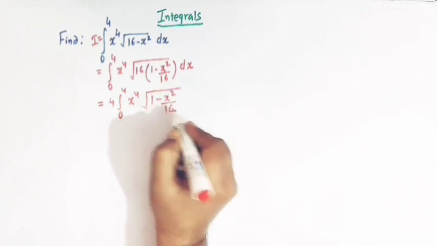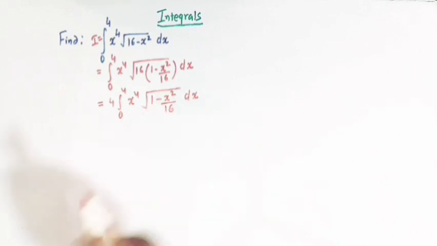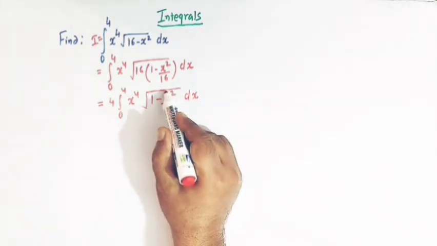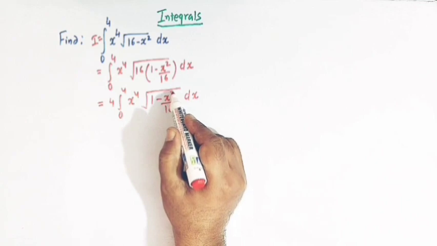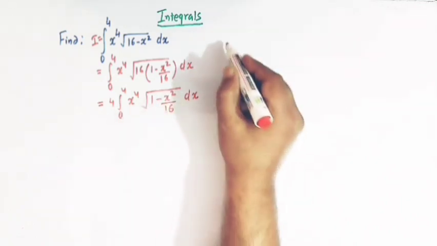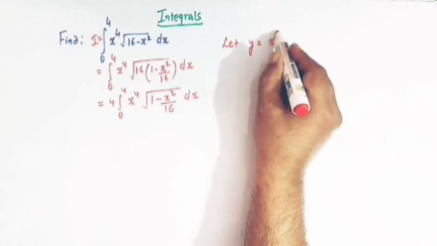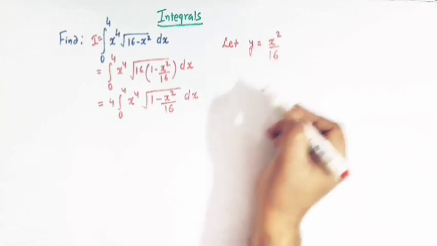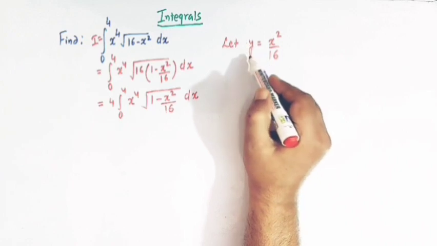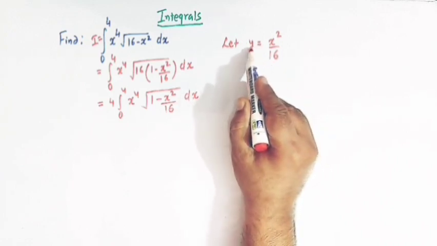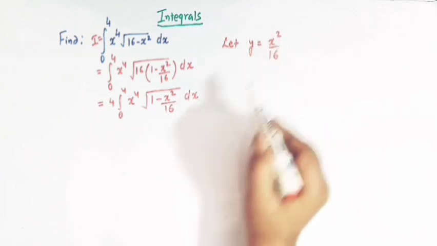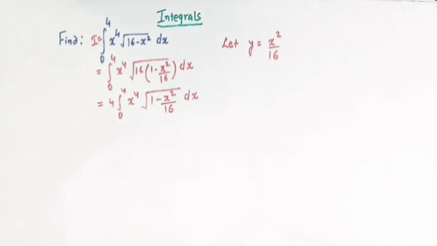So we have 0 to 4 x raised to 4, and here we have square root of 1 minus x square over 16, right? Okay, so now we'll make use of the method of substitution, and we'll take y is equal to x square over 16, right? So we'll introduce a variable, that is y, which is equal to x square over 16.